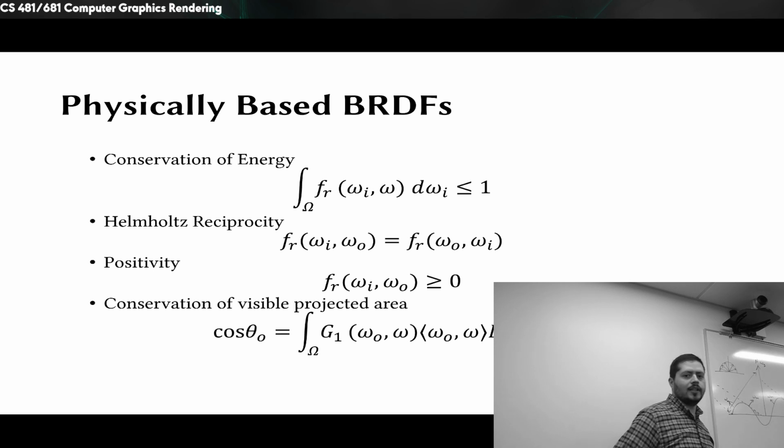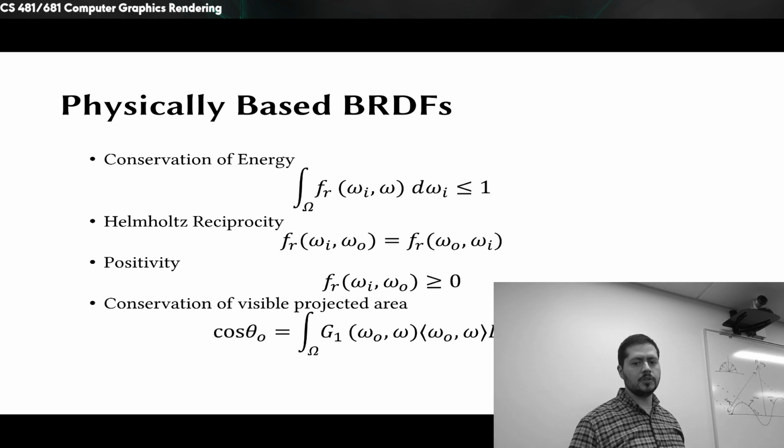And so that's basically saying conservation of visible projected area. That one's kind of a new one that really hasn't been in computer graphics for more than a few years. People are really starting to think about even the reflectance functions.